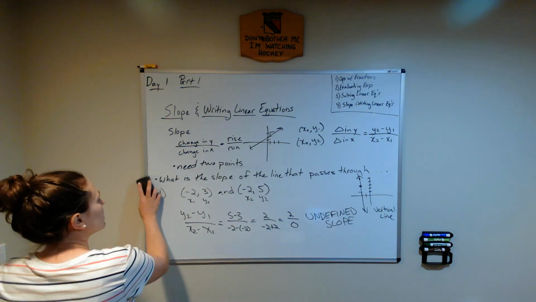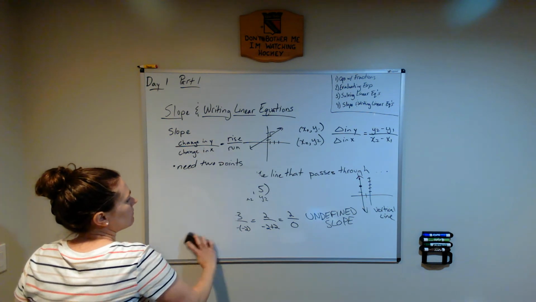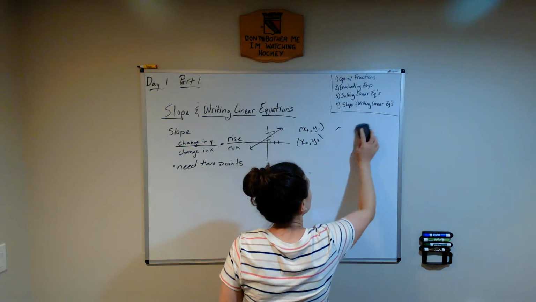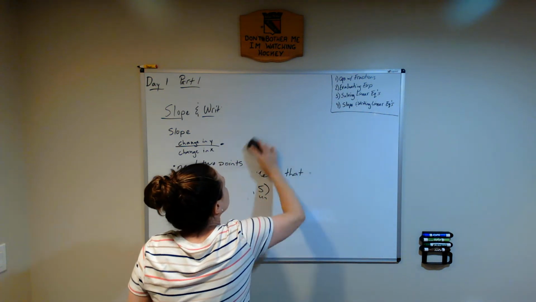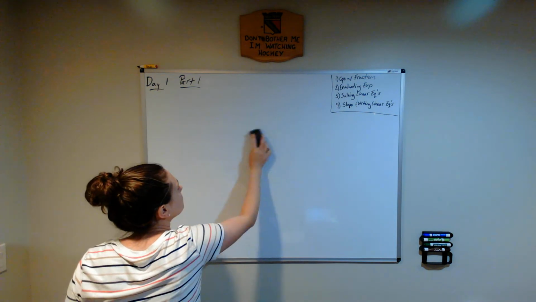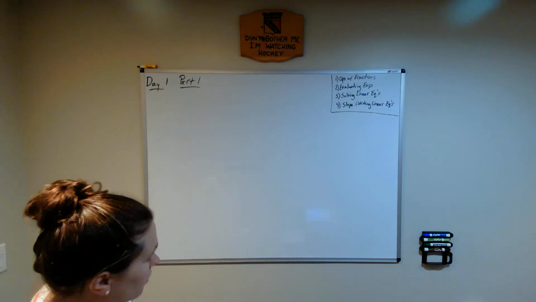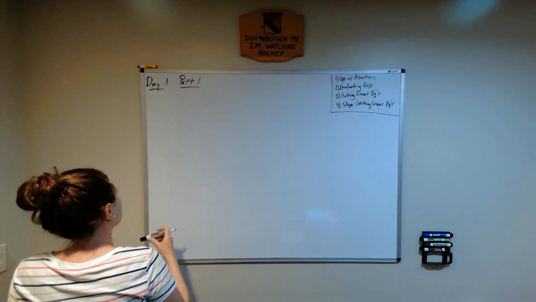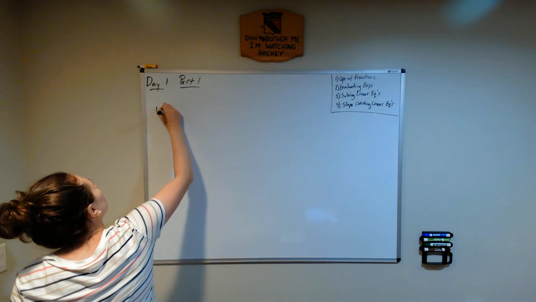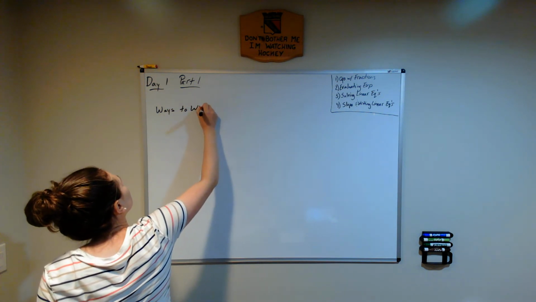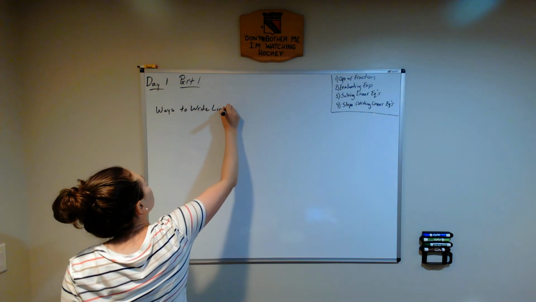So that's it for calculating the slope of a line. Now what we're going to go over is writing linear equations. So I erased the writing linear equations, but I'm just going to write, there are different ways to write a linear equation.